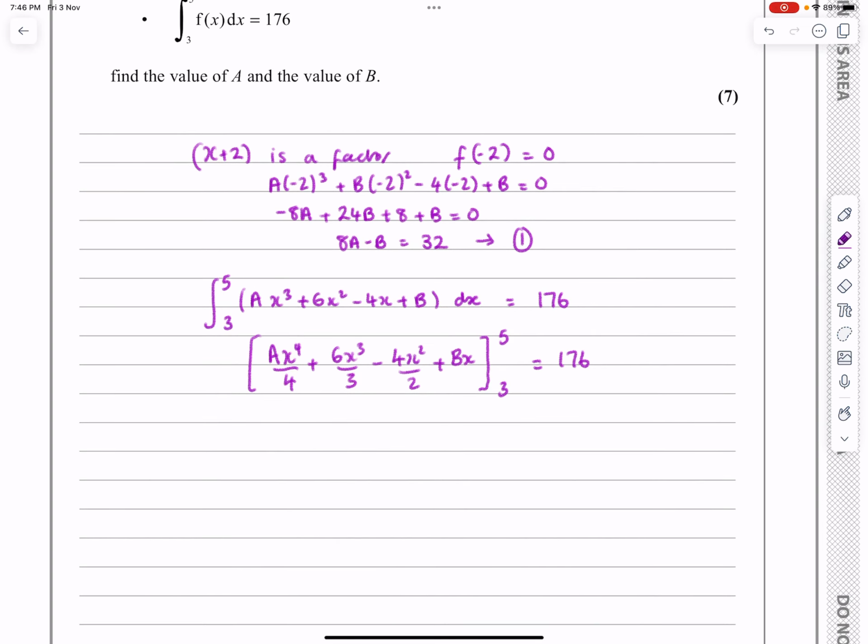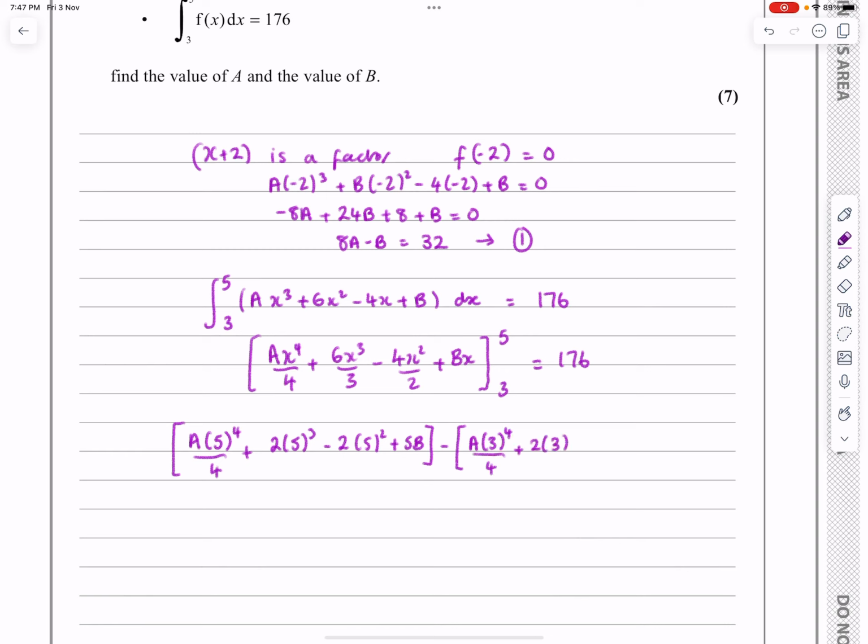So if we put that information in, we're going to get a lots of 5 to the 4 over 4 plus, well, 6 over 3 is 2, isn't it? So 2 lots of 5 cubed minus 2 lots of 5 squared plus 5b. That's putting in 5, minus exactly the same thing but putting in 3, 3b there. All of that equals 176. And again, I'm showing all of this.